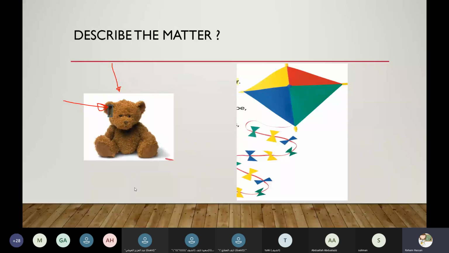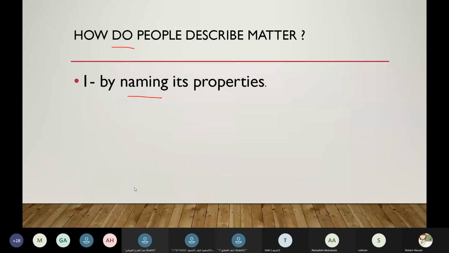Yes, Nasser. Teacher, say Muhammad Fahad. Yes, Muhammad. I called your name, but you didn't answer. So, Muhammad, how do you describe the matter? If you describe the matter, you are naming it as.